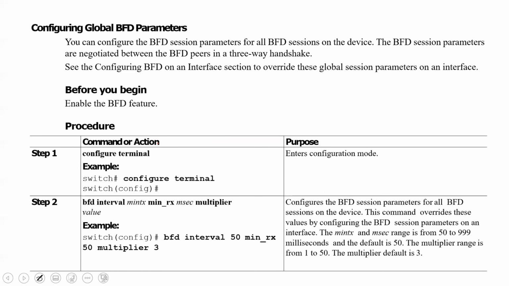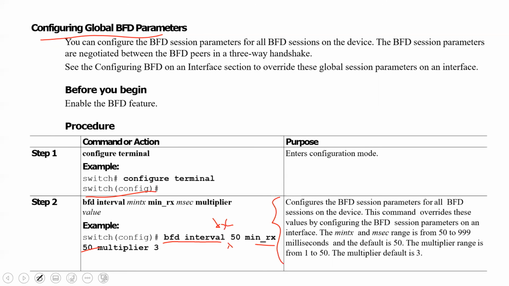Okay, so in terms of global parameters, how we can do the configuration: you go to global mode, say conf t, and then you configure the BFD interval. First of all, you have to give the TX. TX is not shown here, but the first option will be TX, and you can read the purpose here. So TX is 50 milliseconds, and then minimum RX, again 50 milliseconds, and then the multiplier is 3.